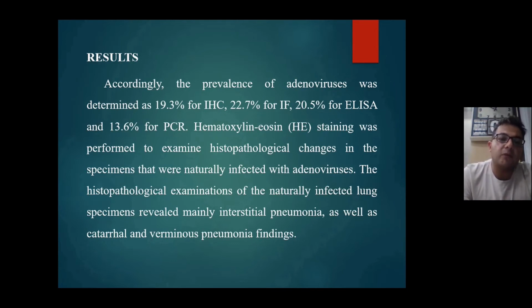Hematoxylin-eosin staining was performed to examine histopathological changes in the specimens that were naturally infected with adenovirus. The histopathological examinations of the naturally infected lung specimens revealed mainly interstitial pneumonia, as well as catarrhal pneumonia and verminous pneumonia findings.